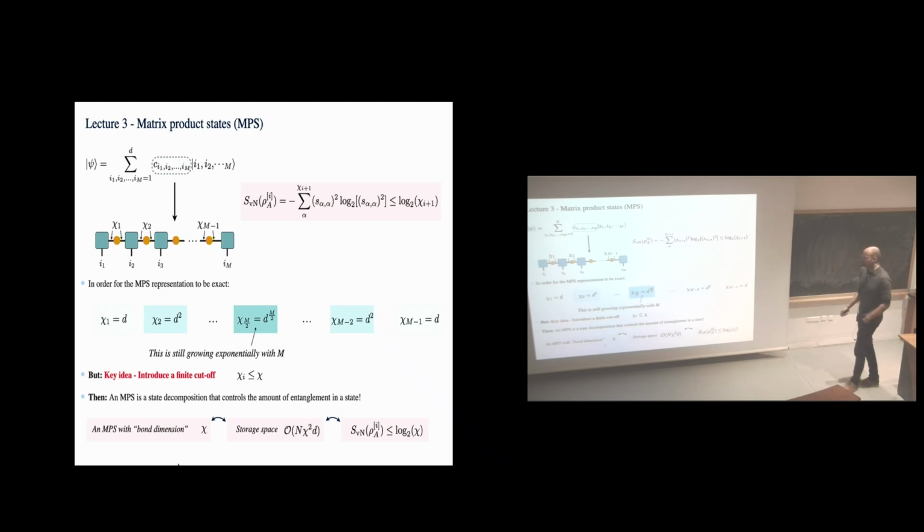If I have an MPS with bond dimension chi, the storage space that I need is proportional to the number of sites m times chi squared times d, because each of these three-dimensional tensors has something like chi squared d elements, and I need m of them. This can be much, much lower than d to the power m. The price that I pay is that I limit my entanglement to the logarithm of the cutoff value that I choose.